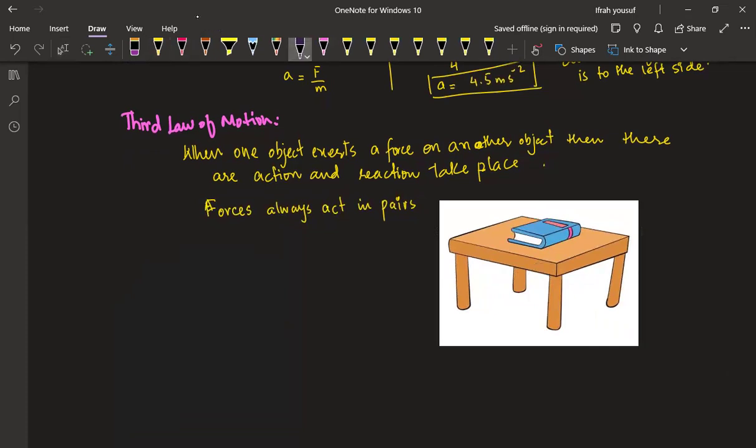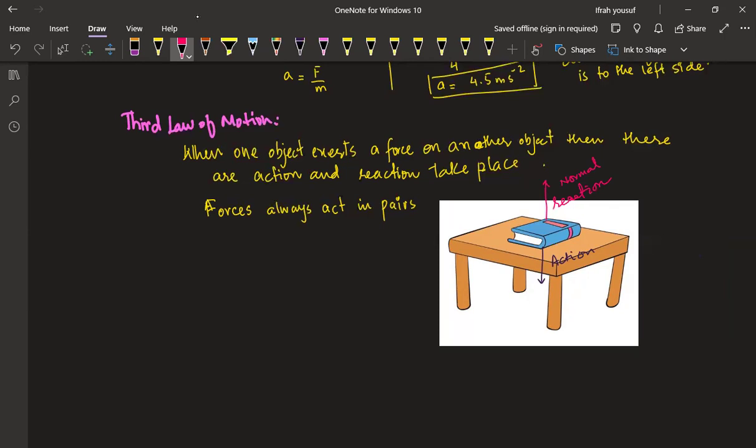Different forces are acting. The book is not coming down, the book is not going up, so that means it is balanced. The forces act in pairs and they are balanced. They are equal in magnitude and opposite in direction. If the downward force is the action, then this is going to be the reaction from the surface. We also call it the normal reaction, acting upward. Both forces are balanced.